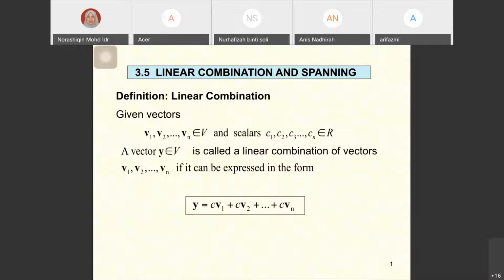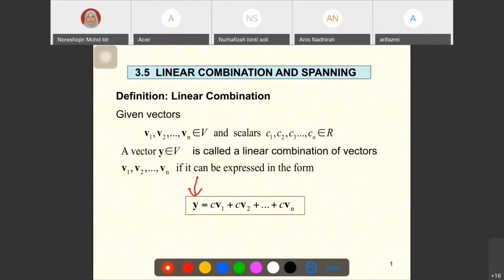So what can we see here? This vector y can be written as the addition of the scalar multiplications of the other vectors in V. If it can be in this form, we say that y is a linear combination of those vectors.